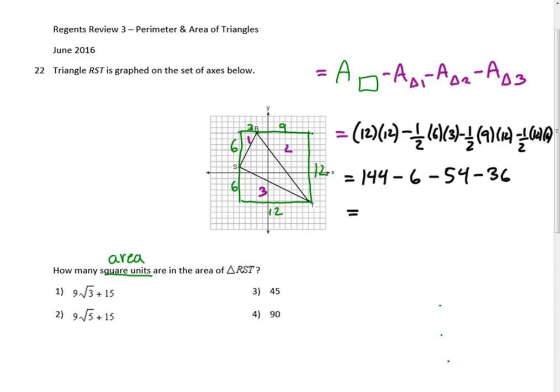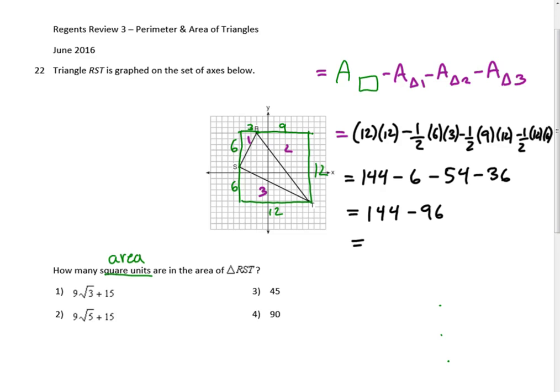All right, so 144, if we combine all those together, minus 50, minus 96, which would be 48. Did I do something wrong? I feel like I did something wrong. 12 times 12, 6 times 3 is 2 times 3, 9 and 6 is 54, 6 and 6 is 36, 96.